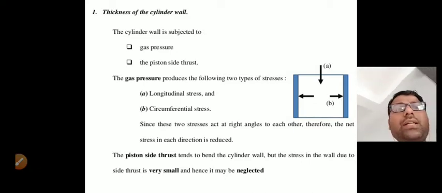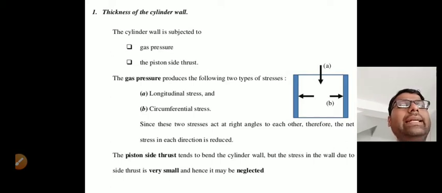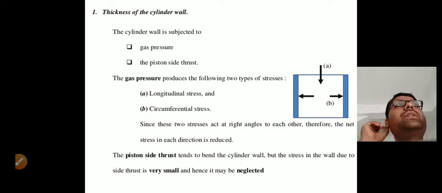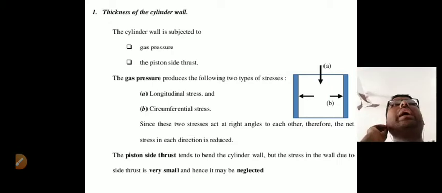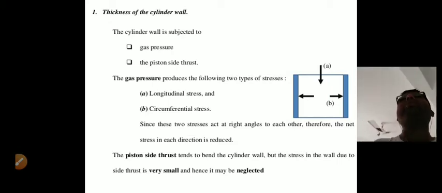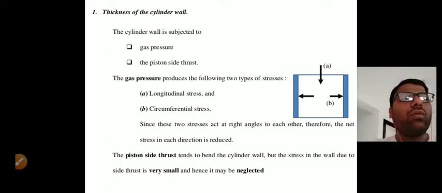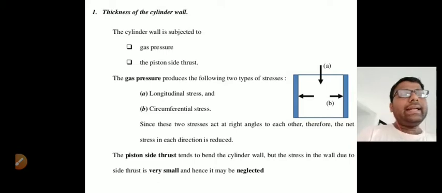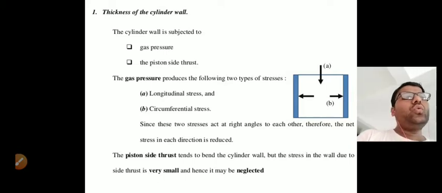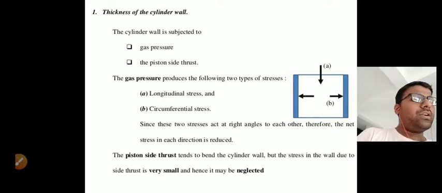Now, piston side thrust tends to bend the cylinder wall whenever the piston reciprocates, and due to the reciprocation of the piston, the stress produced on the cylinder wall tends to bend the cylinder, right?